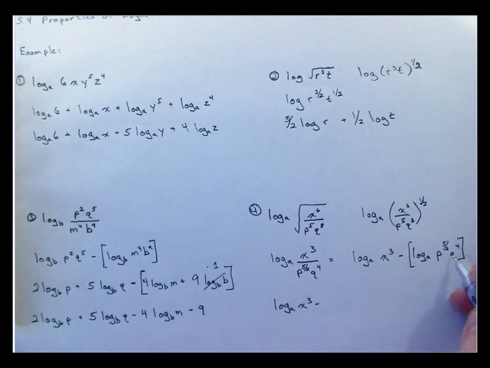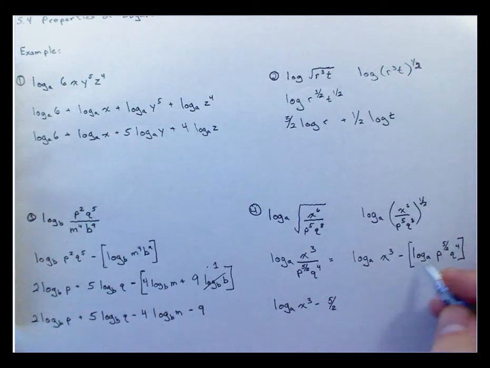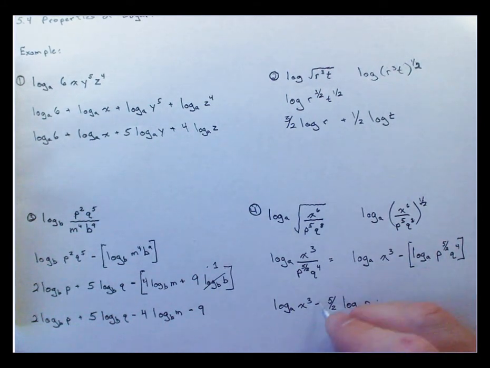And product and power rules, I'll do as one. So 5/2 log base a p, and I'm going to go ahead and put in a minus sign. Even though there's addition, I'm distributing my minus sign as I do it. So I'm taking all of this in one step. 4 log base a q.